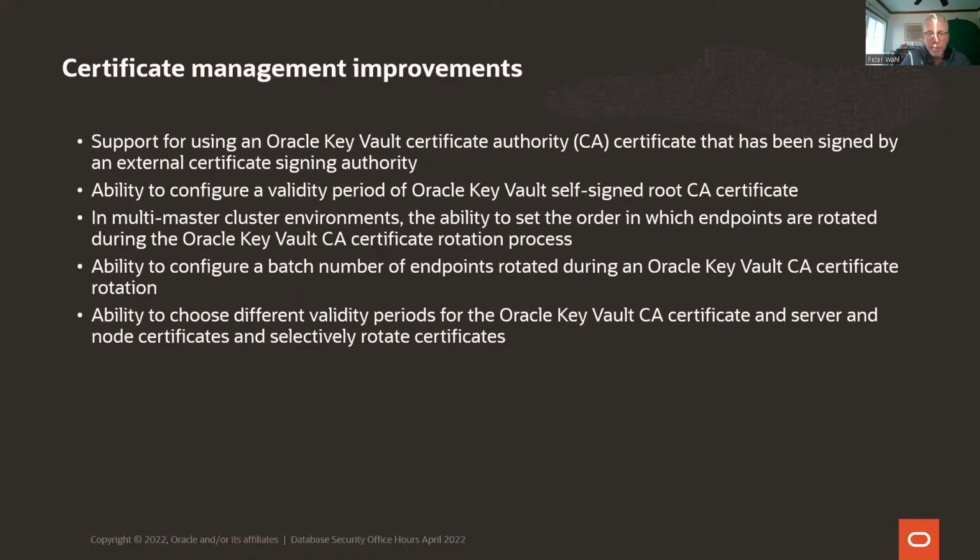Right? If you are a big enterprise, then most likely you have your own certificate authority. You can sign your certificate signing request with this entity and import it back into OKV, and then OKV has an intermediate certificate authority which allows you this improvement.